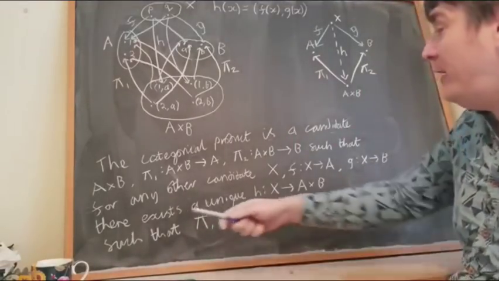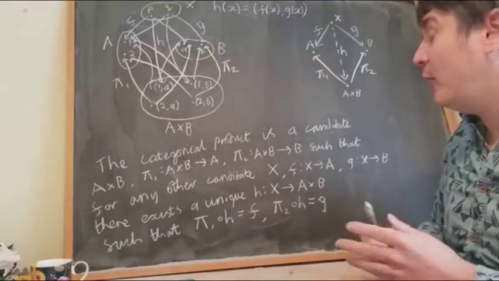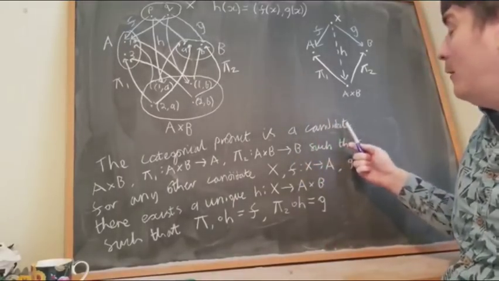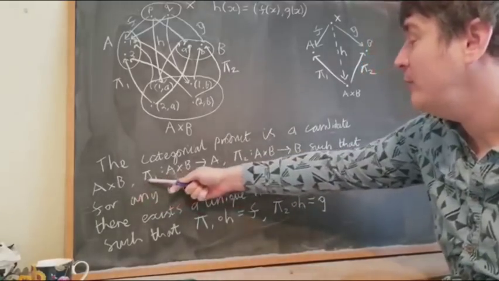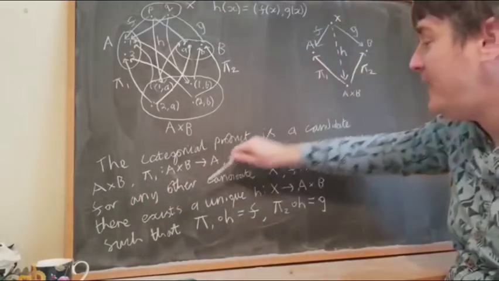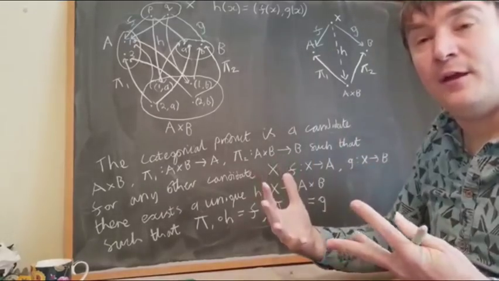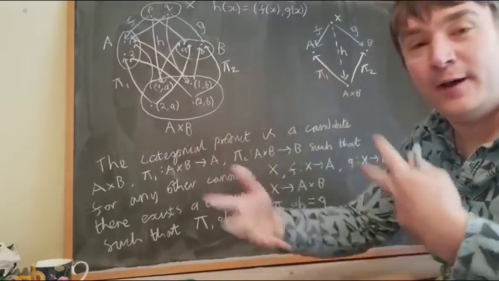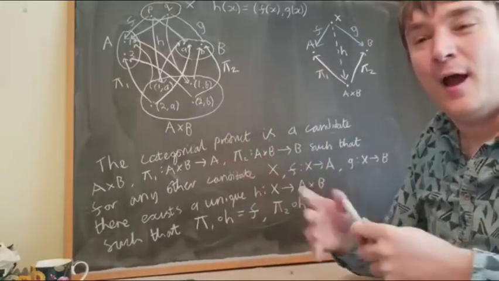Okay, so this is the proper definition then of the categorical product. We're saying that it's a candidate, so that just means it's an object which has an arrow into A and an arrow into B, and it has the property that whatever any other candidate can do, it can do better in some sense.